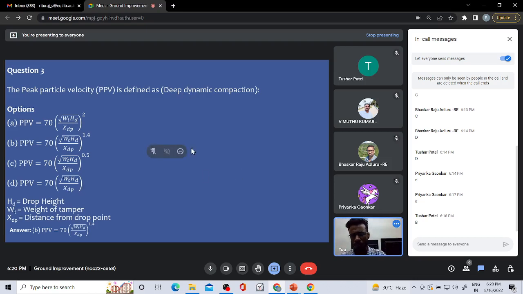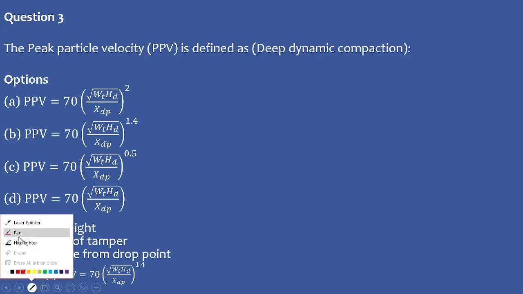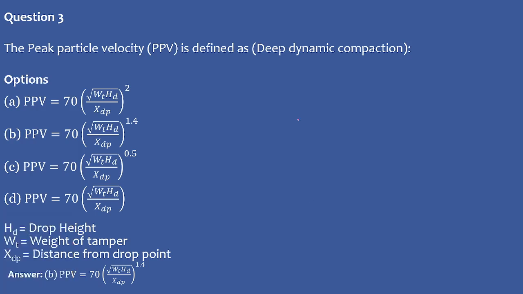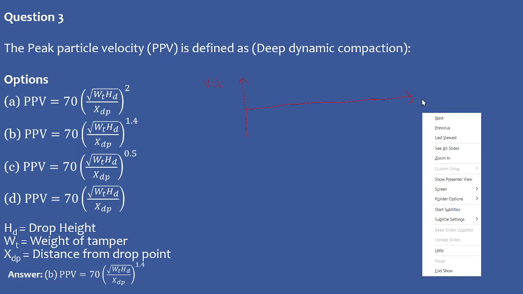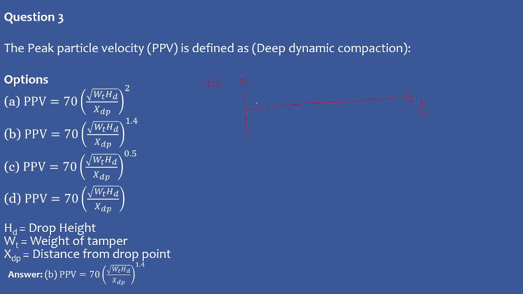So I'll show you right now. Whenever we drop a tamper from a certain height to the ground, there will be vibration of the particles. On the y-axis you can take velocity, and this is with respect to time.